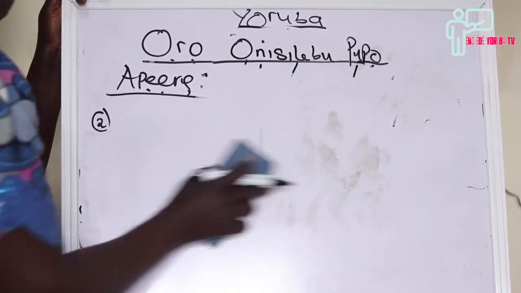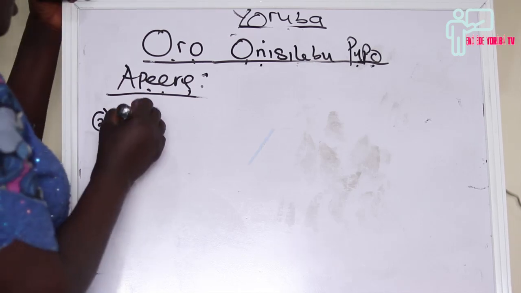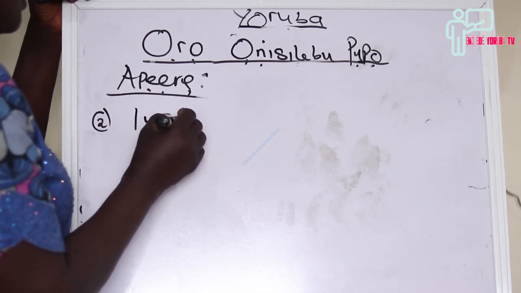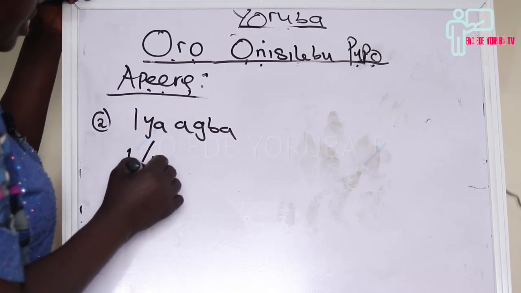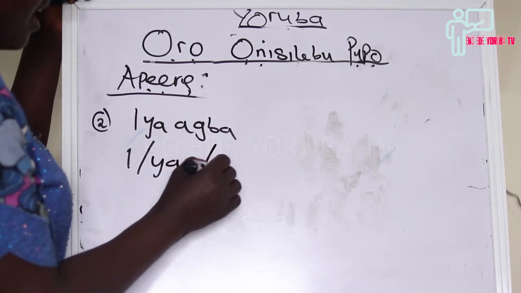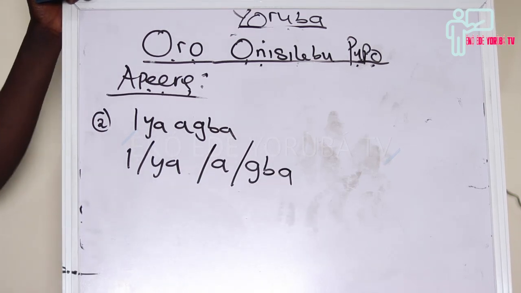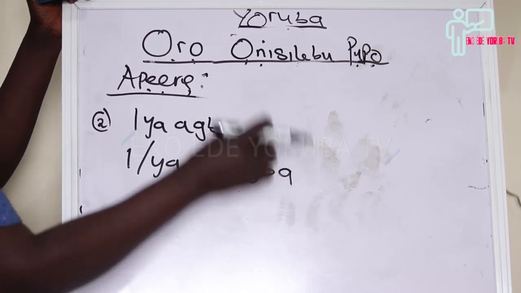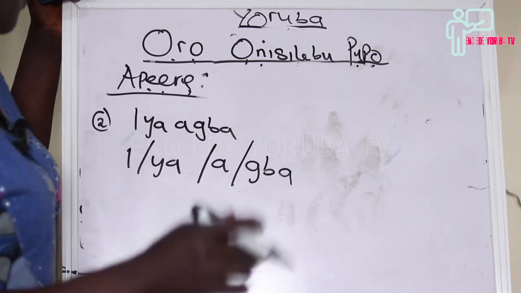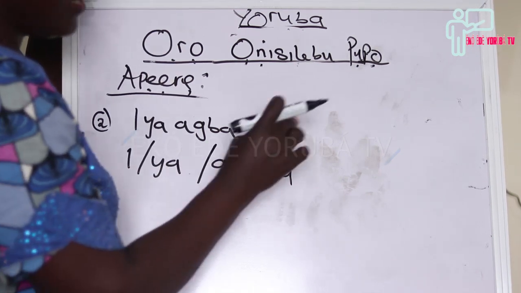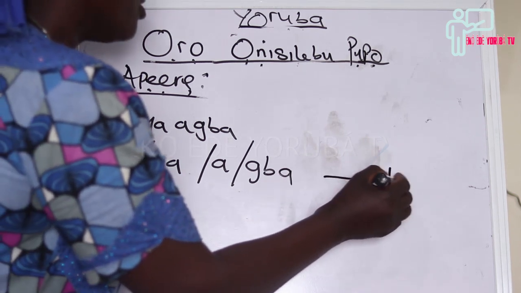Now, ìyá àgbà. Look at it. Ìyá àgbà. You can see. Ìyá àgbà, 4 syllables. That is old woman.